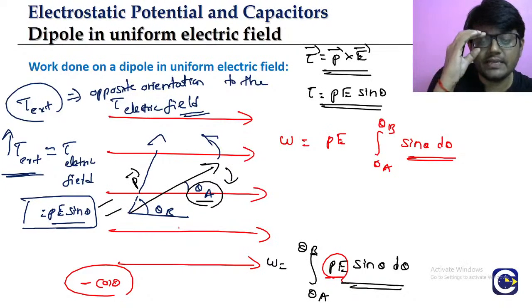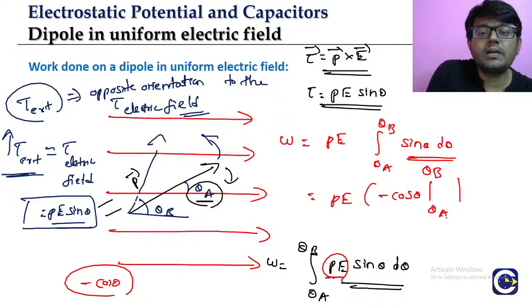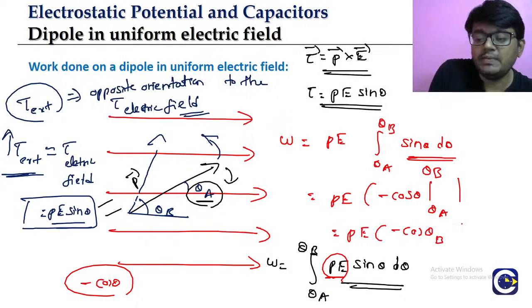Substituting the limits, initial theta a and final theta b: p E times minus cos theta b minus of minus cos theta a.